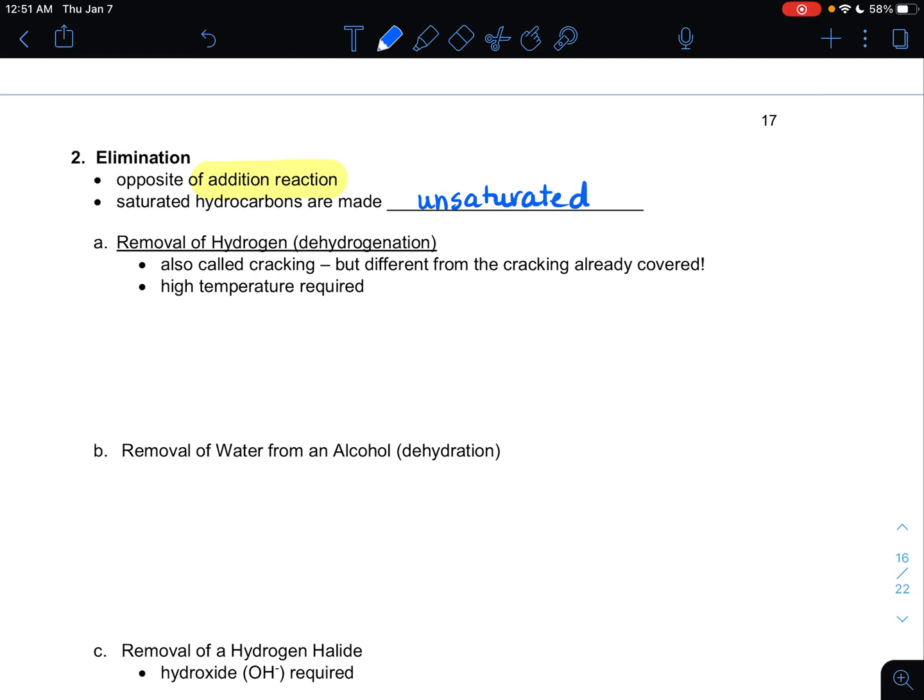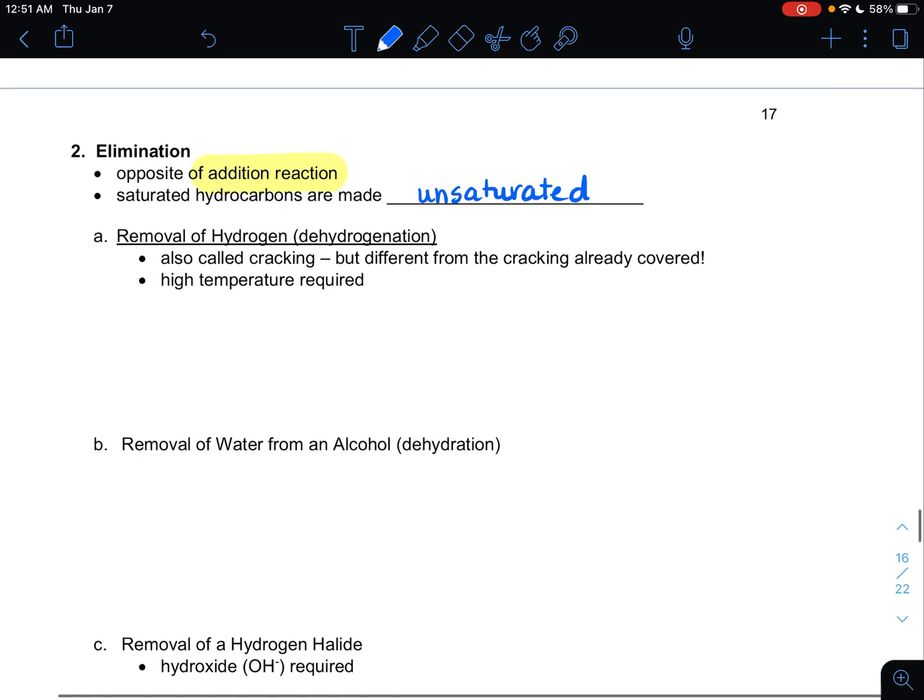So you're going to see that we're forming double or triple bonds. We're just going to focus on double, but you can do both. Now, one of the ways of doing it, unfortunately, has a name very similar to what we used in the processing of crude oil, which is cracking, but it's basically the removal of hydrogen.